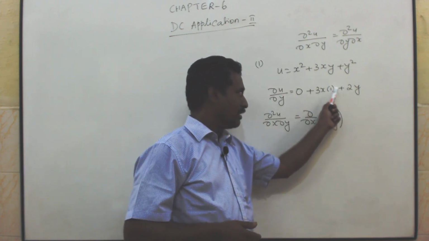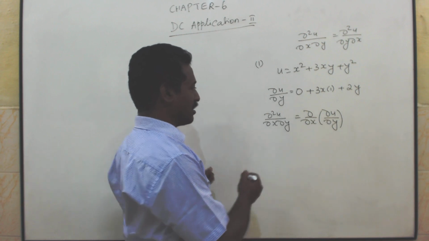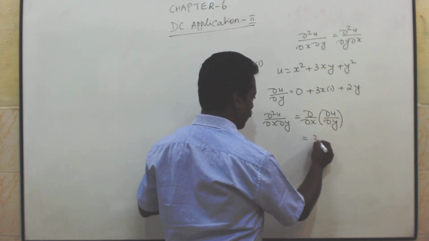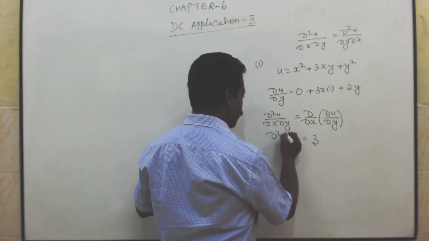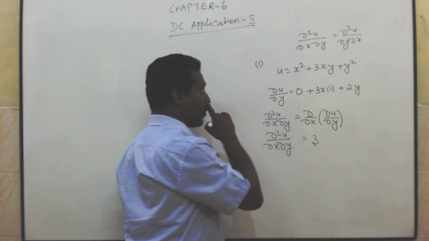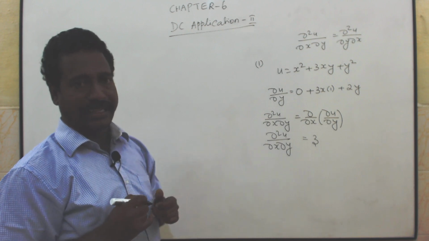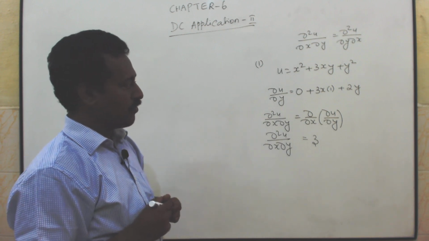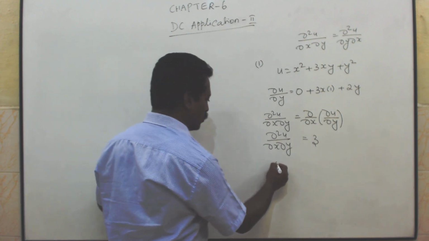Here no x, here only x, that differentiation of 3x is 3. This is the value of dou square u by dou x dou y. Next you have to find out the second part, right hand side. First we have to calculate dou u by dou x.